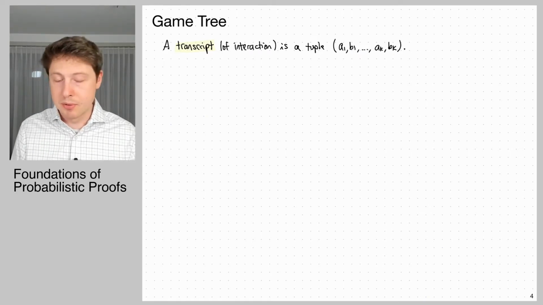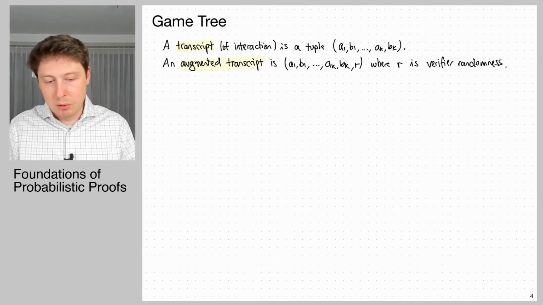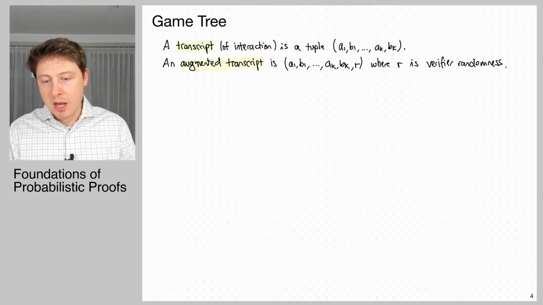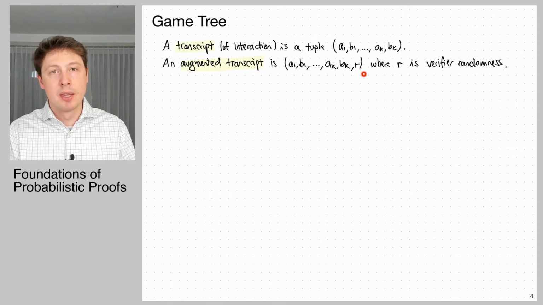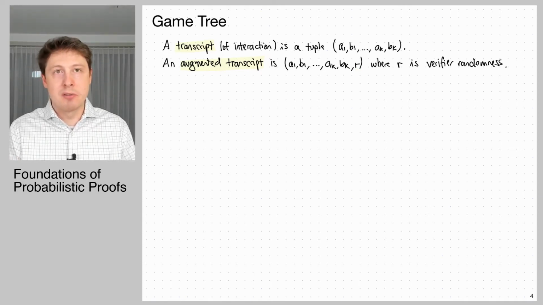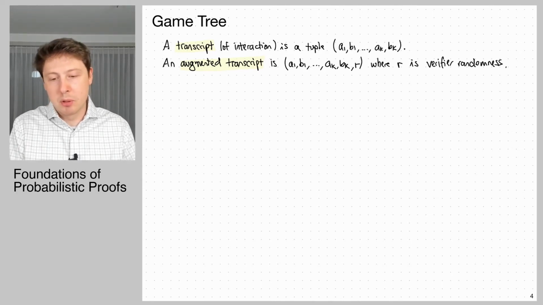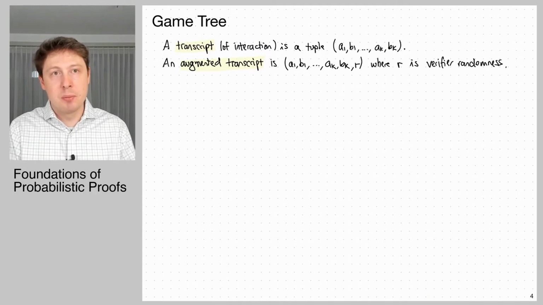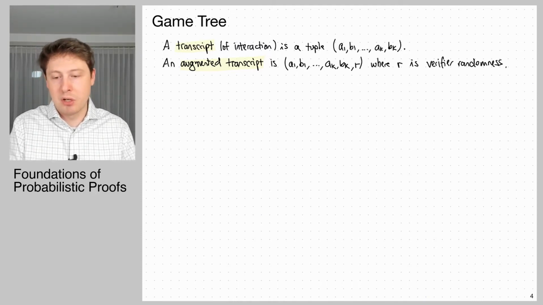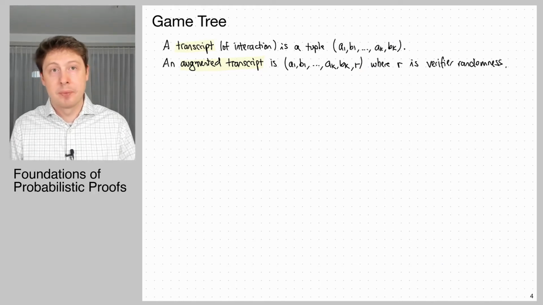K denotes the number of rounds. Today we'll mostly be working with what we could call augmented transcripts, which are the same thing, but at the end you append the randomness that was used by the verifier. In a public coin protocol, the additional randomness is redundant because all the randomness was sent throughout the interaction. But in a private coin protocol, just having a transcript doesn't necessarily tell you all the information about what randomness the verifier used, so I have to tack it on. Okay?